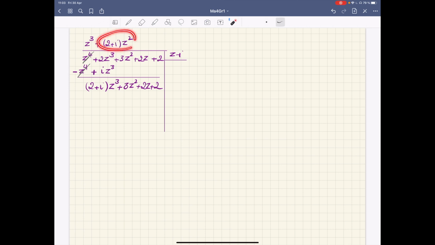Then I multiply the whole thing here. It becomes 2 plus I Z cubed. I change the sign and put it here. So it becomes minus 2 plus I Z cubed. Yes? I will multiply this by the next one. Let us just do it on scratch paper. So 2 plus I Z squared multiplied by minus I becomes minus 2I minus I squared Z squared.